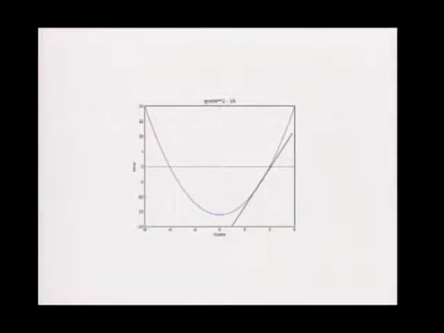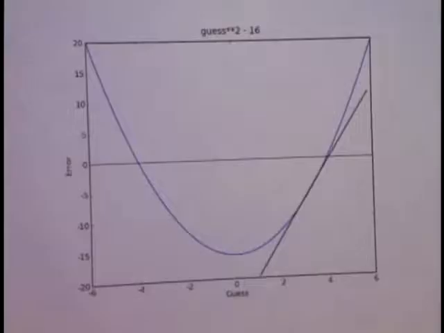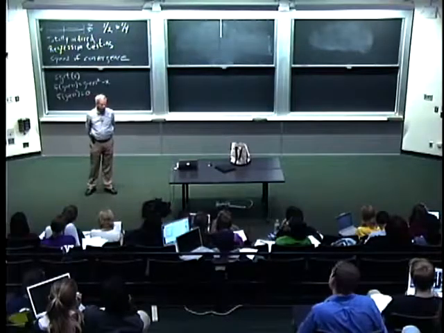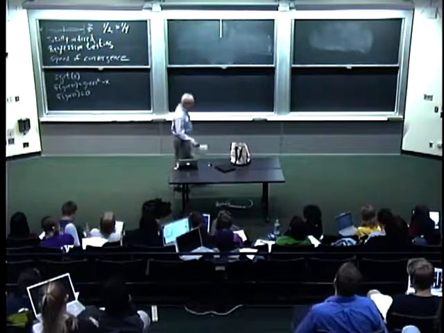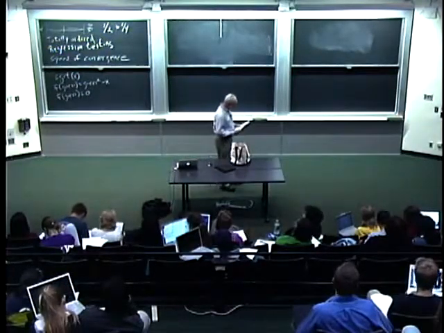I look for the tangent of the curve at 3. All right, so I've got the tangent. And then my next guess is going to be where the tangent crosses the x-axis. So instead of dividing it in half, I'm using a different method to find the next guess.